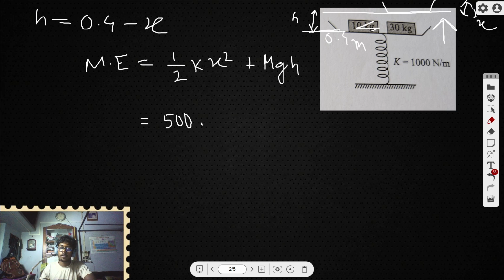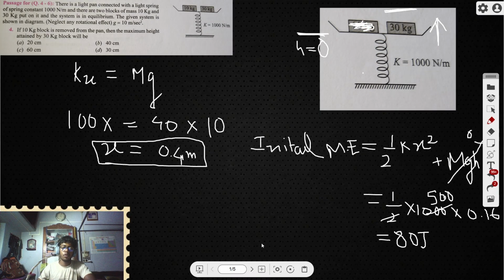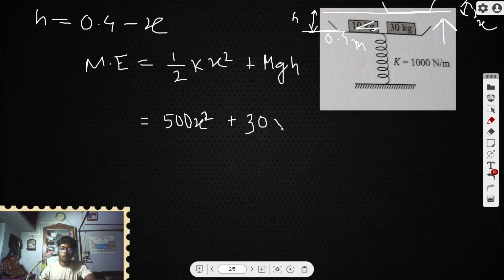X we don't know, because we need to find that. Plus mgh. M is 30, because 10 kg is removed, so it will be 30 into 10 into h, that is 0.4 minus x.